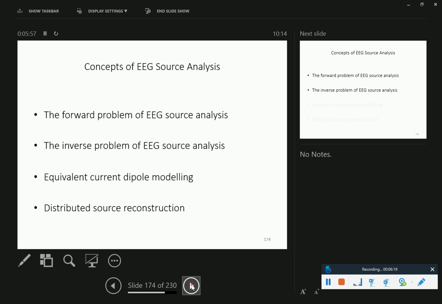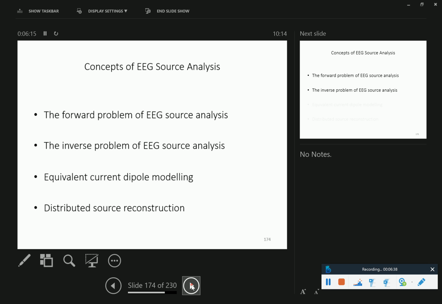So the fundamental idea of EEG source analysis is to basically leave the electrode level, where we've now seen that we can compute event-related potentials, and ask where in the brain does this activity that we see on the scalp arise.